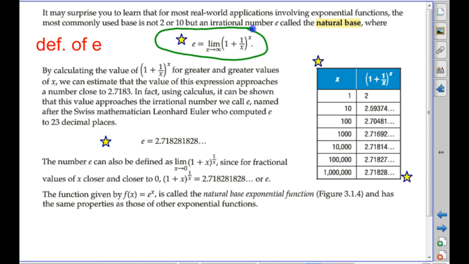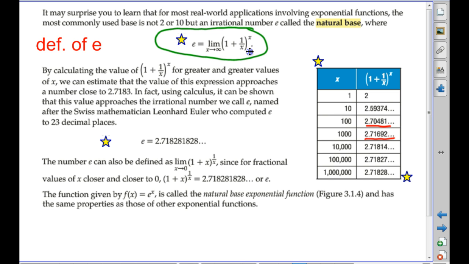In calculus, you'll talk more about this because it's actually the limit of this problem. I'm not going to take time for us to type on our calculator, but if you put in 1 plus 1 over 1, all to the 1, you get out 2. But if you put in 1 plus 1 over 10, all to the 10th power, you get out this decimal. If you put in 1 plus 1 over 1,000, all to the 1,000th power, you get this.